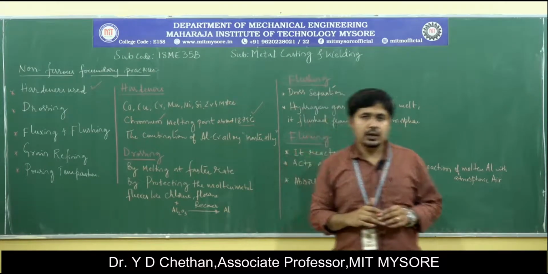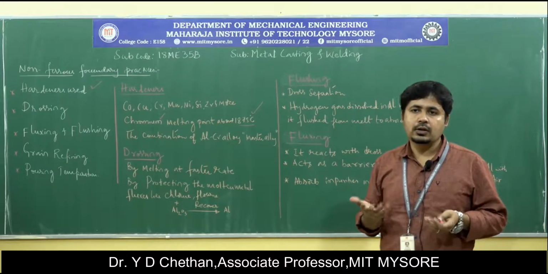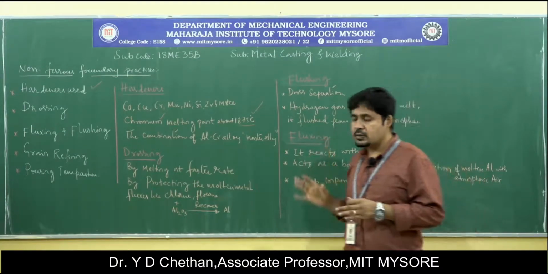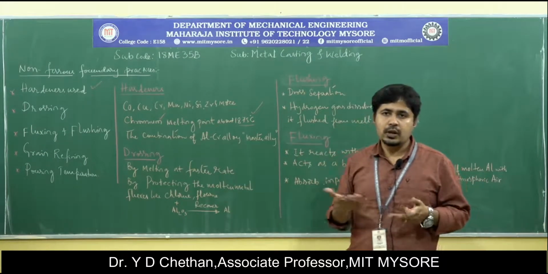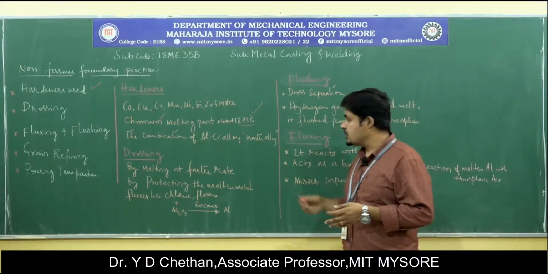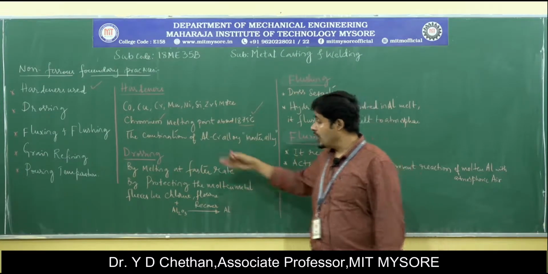Drawing is basically a solid impurity that is floating on the molten metal. Once again, drawing is a solid impurity floating on the molten metal. How can it be reduced?